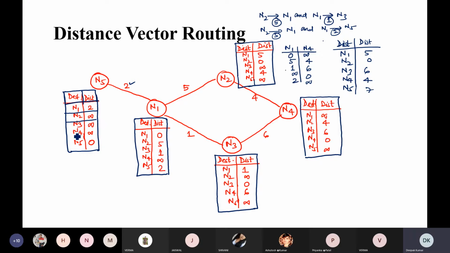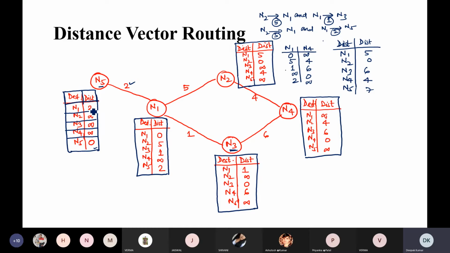Likewise, N3 is further away, so N5 doesn't know at the starting point the distance between N3 and N5. So at the first iteration, all the routers know only the cost to their adjacent neighbor routers, and the distance of N5 to itself will be 0.